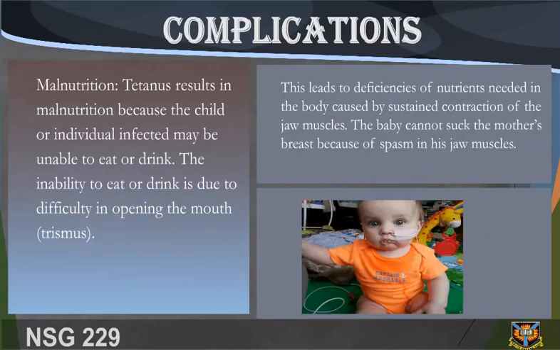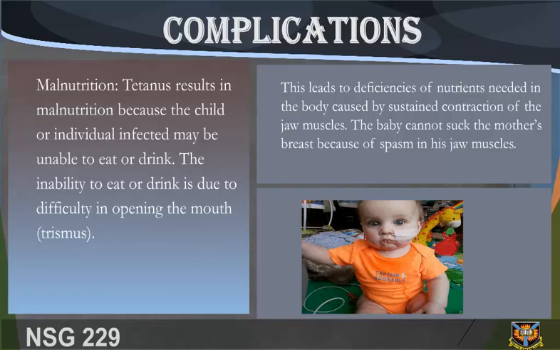Complications. Malnutrition. Tetanus results in malnutrition because the child or individual infected may be unable to eat or drink. The inability to eat or drink is due to difficulty in opening the mouth, trismus. This leads to deficiencies of nutrients needed in the body, caused by sustained contraction of the jaw muscles.